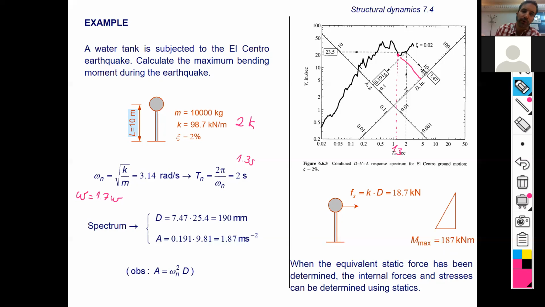Something like that will be more realistic. So before we had a displacement of 7.47, now the displacement will be maybe 5.